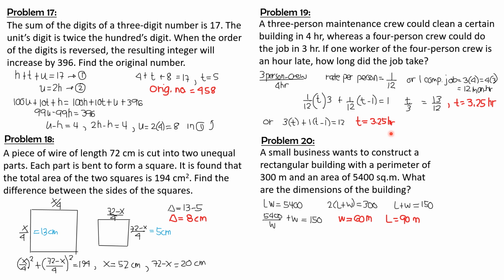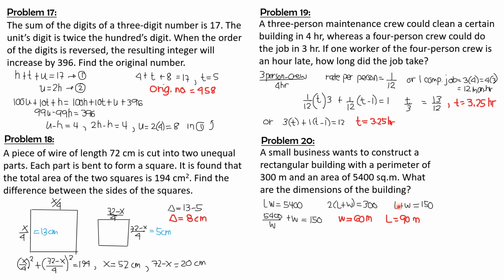Problem 20. A small business wants to construct a rectangular building with a perimeter of 300 meters and an area of 5,400 square meters. What are the dimensions of the building? So area, length times width equals 5,400. Perimeter, 2 times quantity L plus width equals 300. So L plus W equals 150.